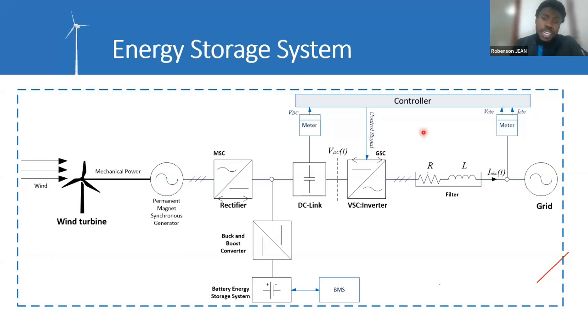For instance, at this boost, we have a voltage of 300 volts, and I have to integrate my battery. Without this converter, my battery storage system should be at the same level, like 300 volts.